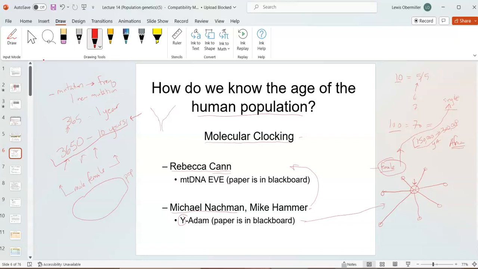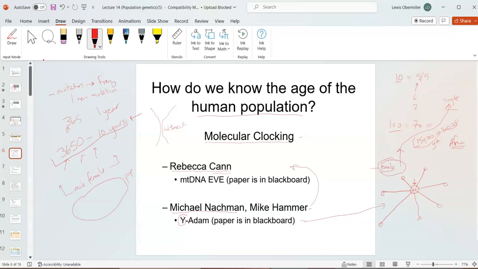It could be a disease like HIV or the Black Plague. Some of them had mutations that allowed them to survive, and then they repopulated the Earth. We call that a bottleneck, and we're going to talk about that as well.